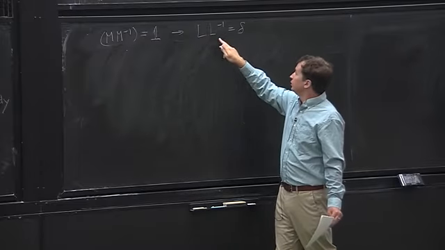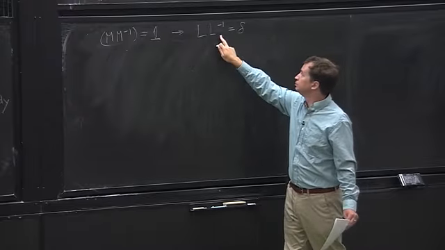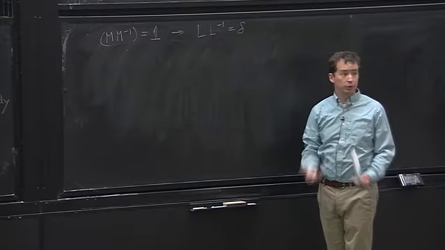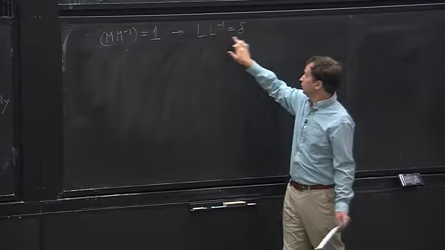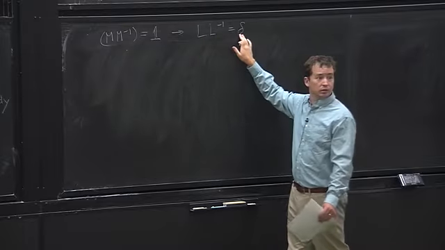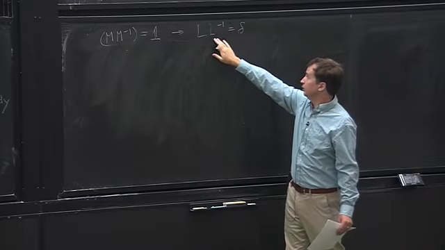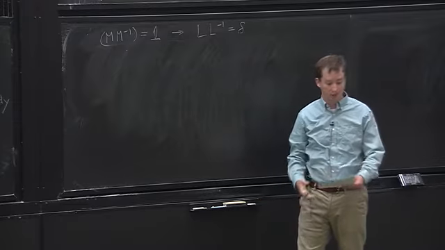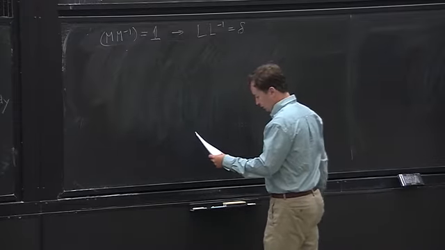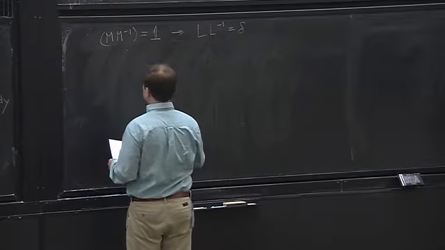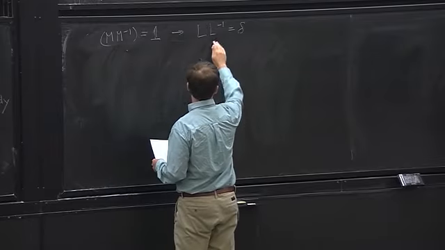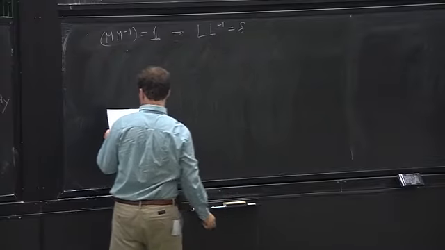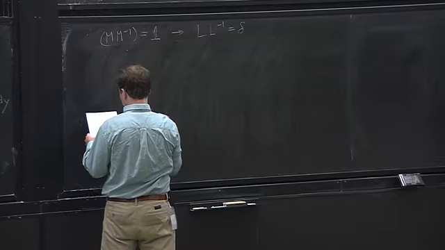And this equation suggests why I've included this topic in the distributions section of the course. This is an equation that explicitly involves a distribution. So in general, the Green's functions are going to be distributions, not necessarily functions. And if we want to find the Green's function, the Green's function is the integral kernel of this operator. So we need to write down the component form of this equation.